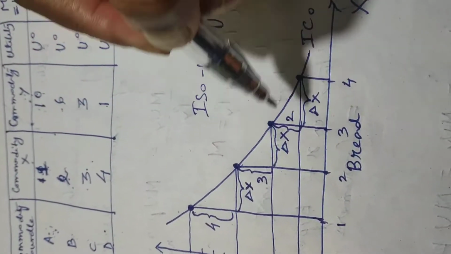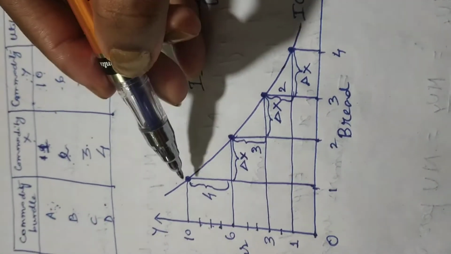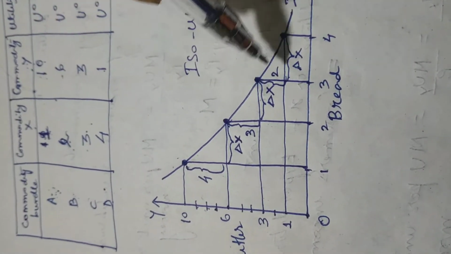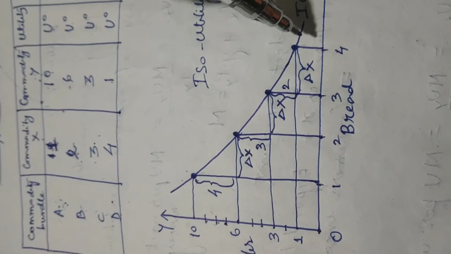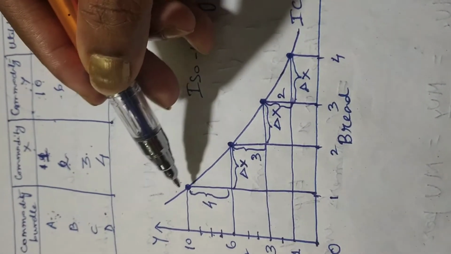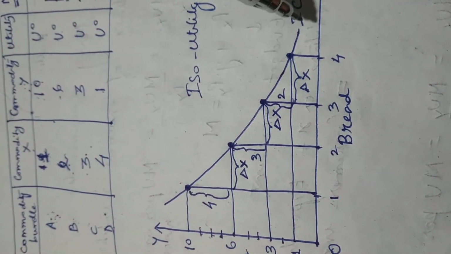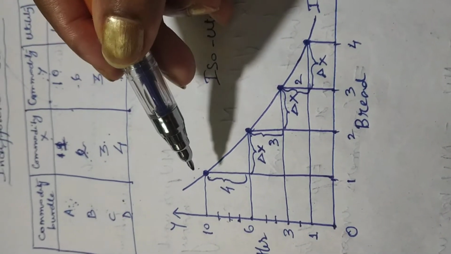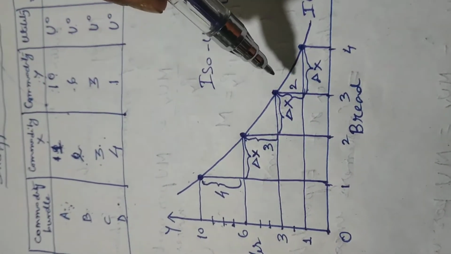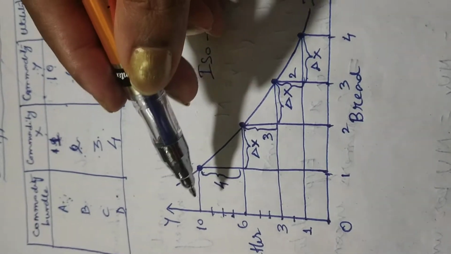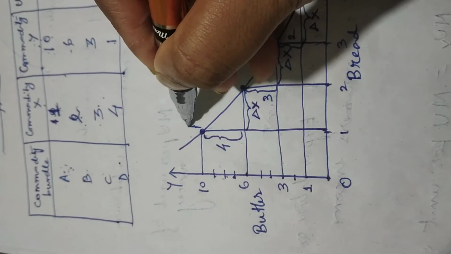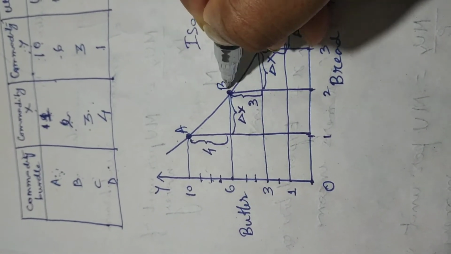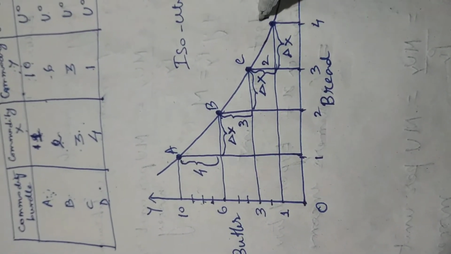Because the indifference curve is a curve that shows various combinations of two goods which give equal satisfaction to the consumer. That means as long as the consumer remains on the same indifference curve, he will get the same utility from all the 4 combinations A, B, C, D. This is combination A, this is B, this is C, and this one is D.